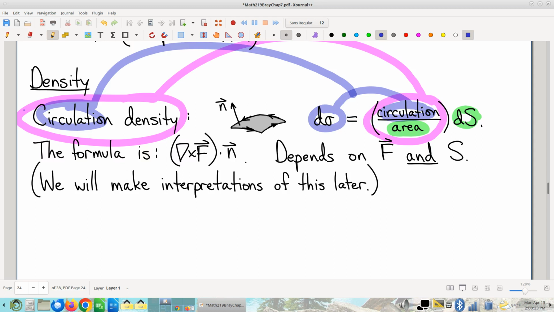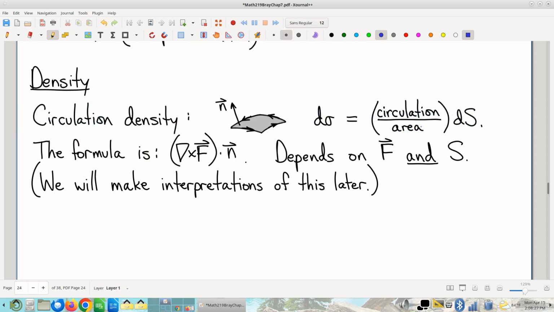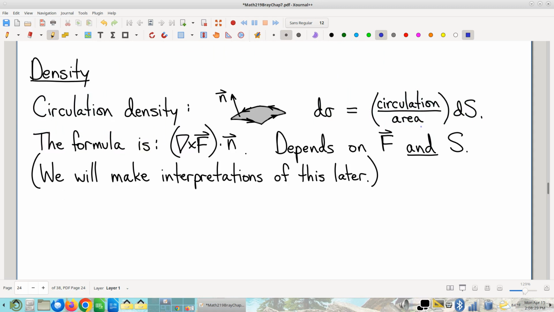Now where things do get different compared to Green's theorem, and this is a tough one, the formula is different. And the reason that the formula is different is because it's a different setting. This is, in fact, a vector field in 3 dimensions. It is going to depend on how the surface is oriented.